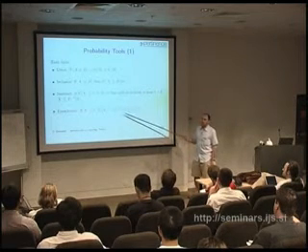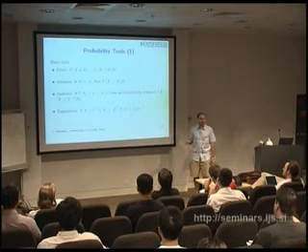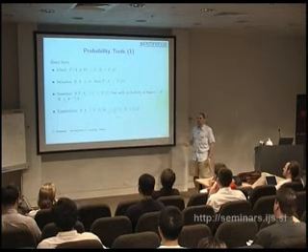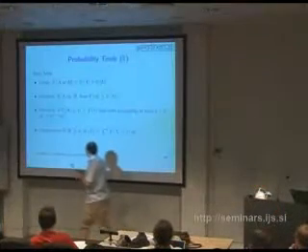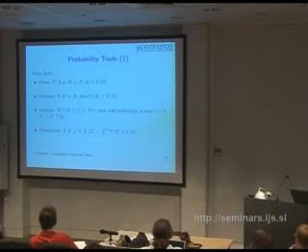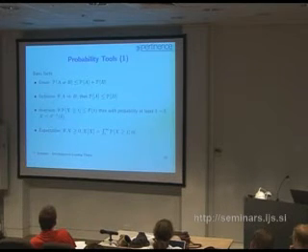Okay, this one, the trick is to use integration by parts. So you write what the expectation is. Expectation is the integral of the value times the probability, P of x dx, right? And then you do integration by parts.